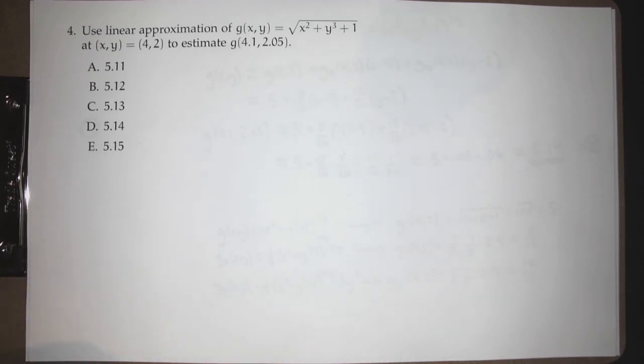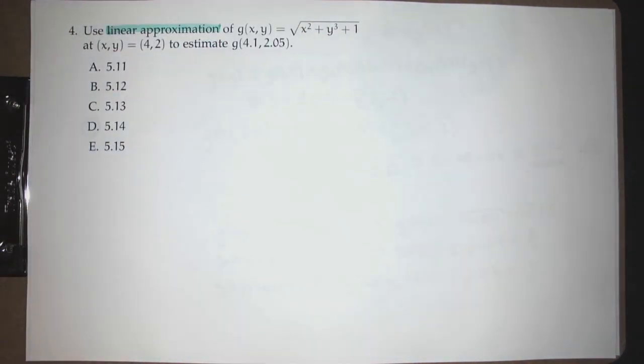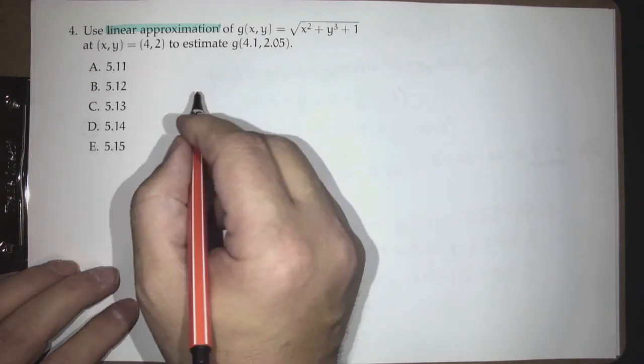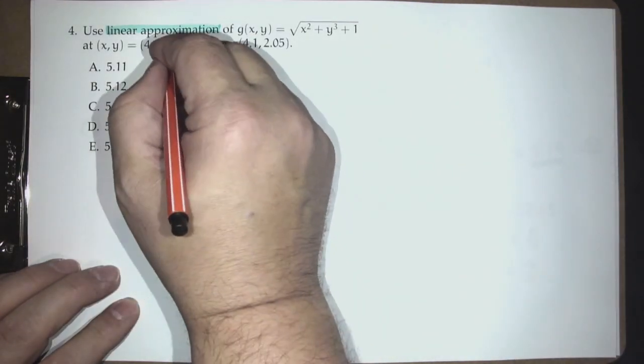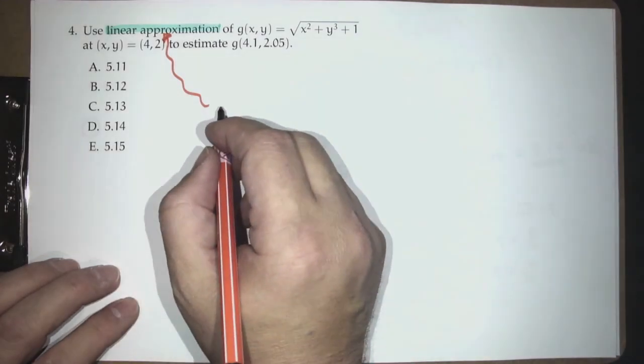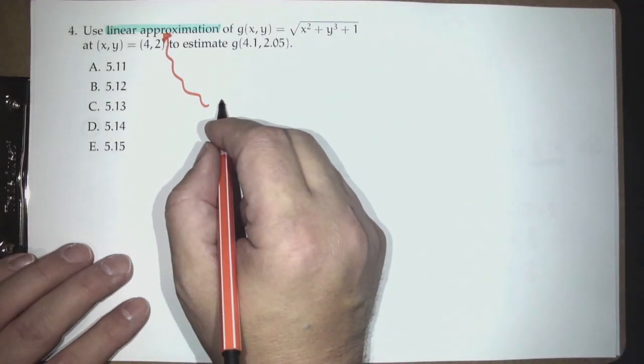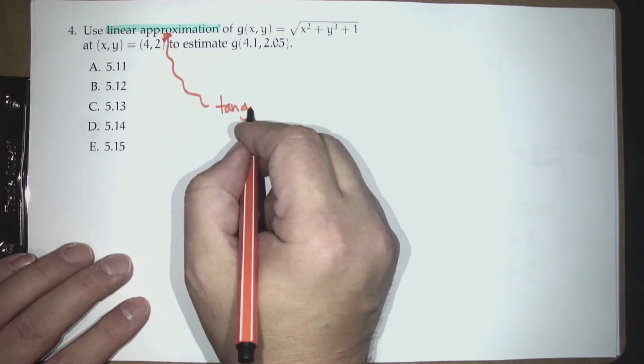There's a word that jumps out to me, linear approximation. When we see linear approximation, what does that tell us? What is linear approximation? Not gradient. Taylor polynomials, kind of, but more simply, it's tangent plane.